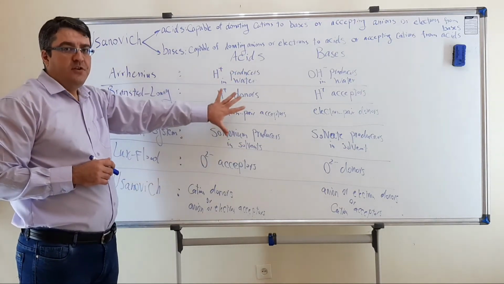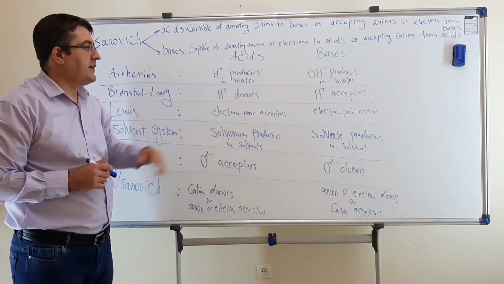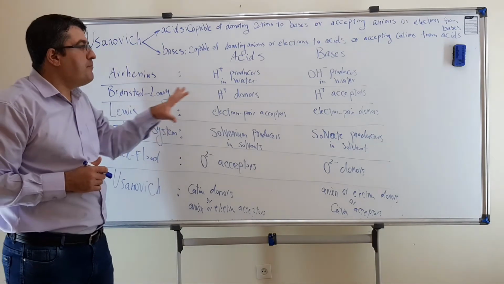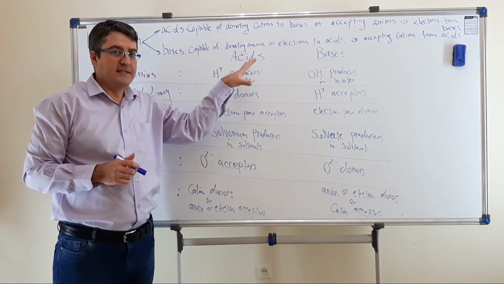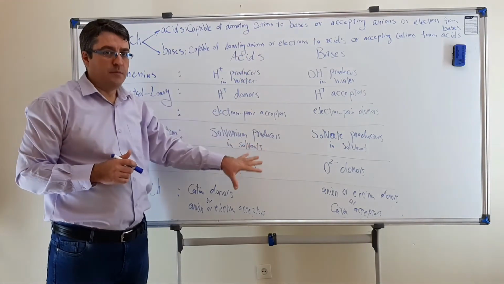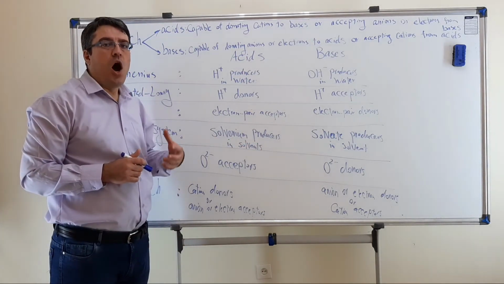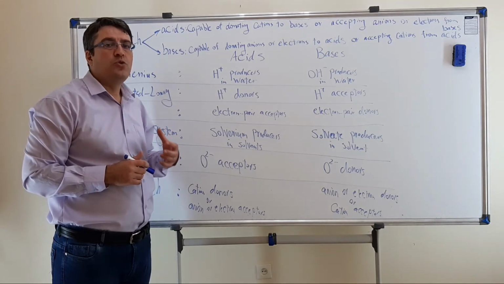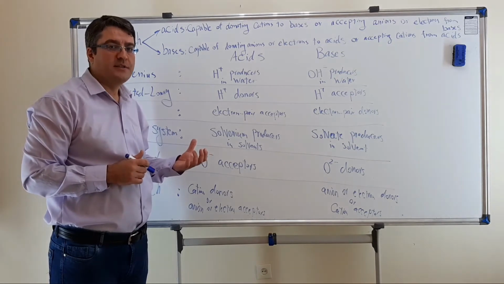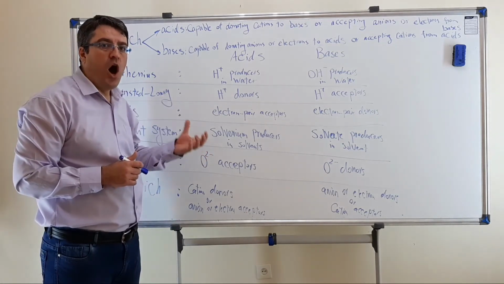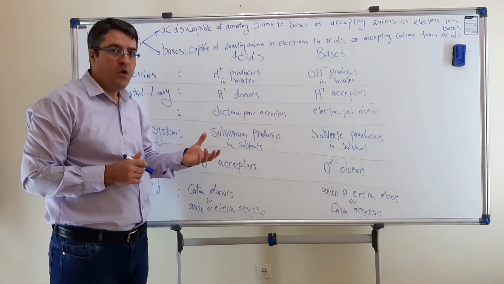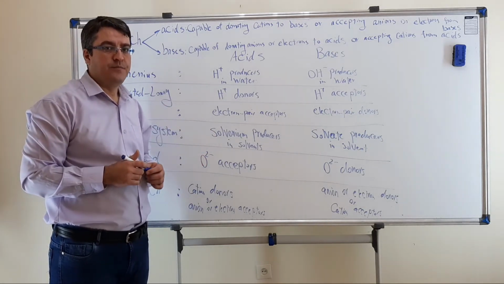When we consider all these acid-base theories together, we can easily find a fundamental similarity between them. In all of these acid-base theories, acids are chemical species donating cations or accepting anions or electrons, and bases are chemical species donating anions or electrons or accepting cations.